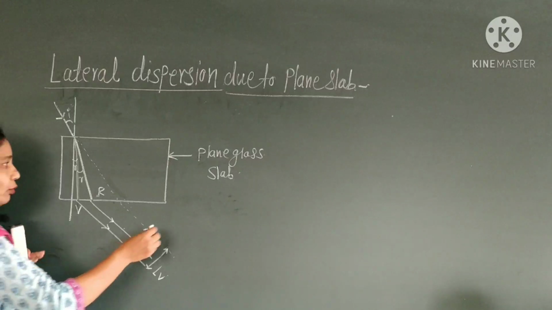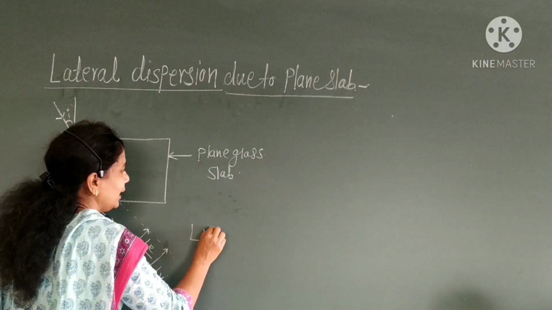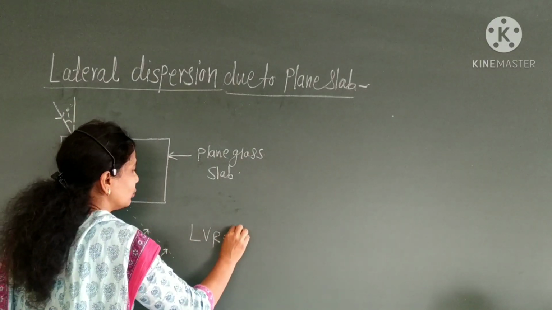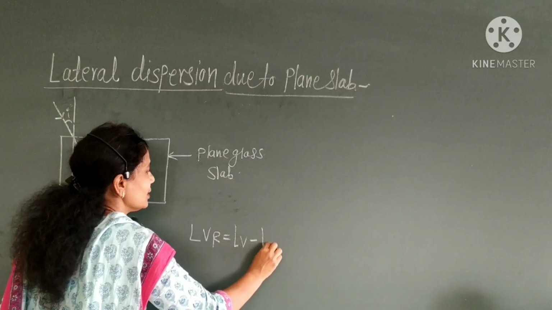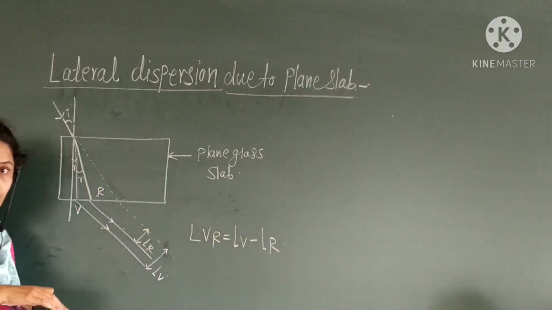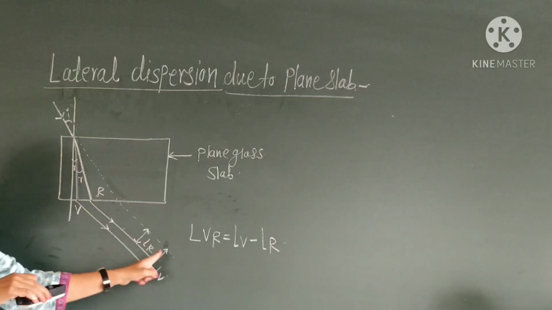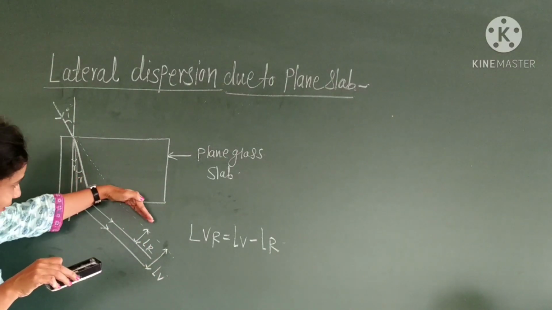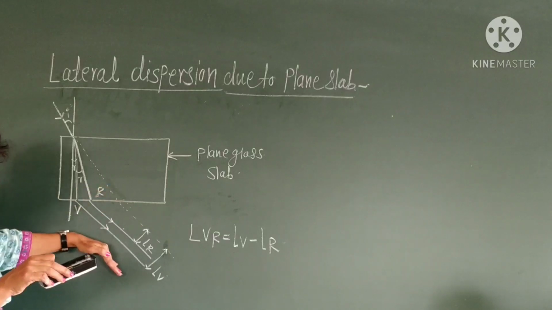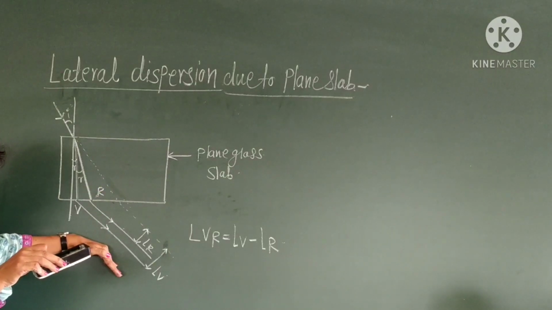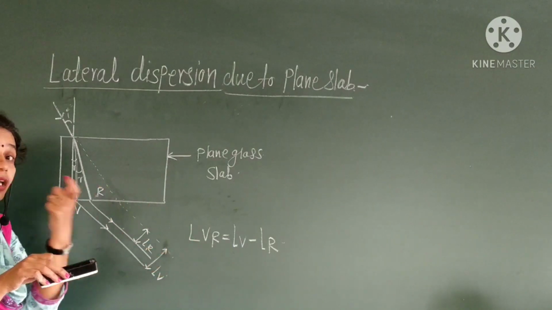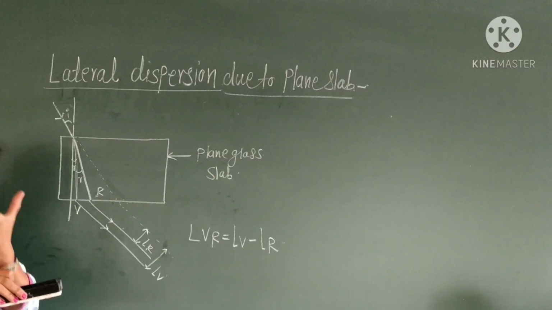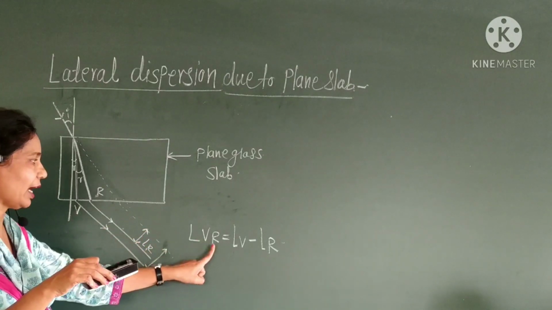Okay, and then what is LVR? LVR is equal to LV minus LR. Okay, this is where we have extended the incident ray. And then the distance between the incident rays and emergent rays, the difference, is the LVR.